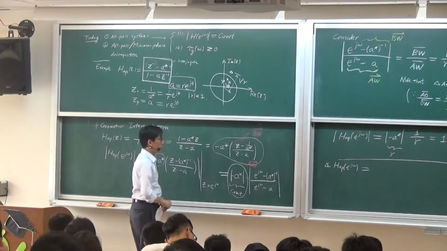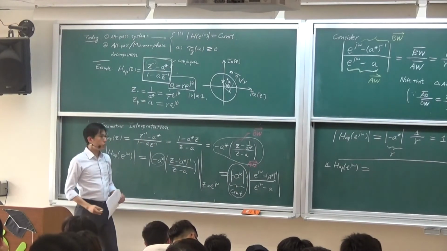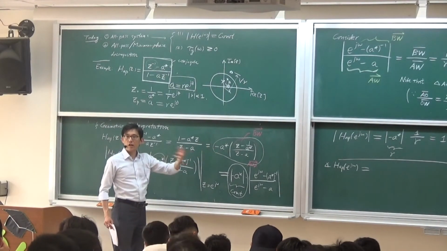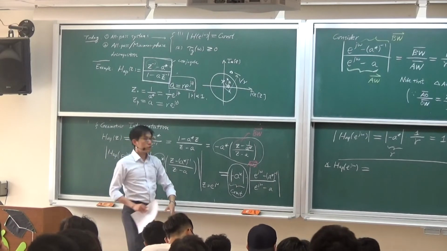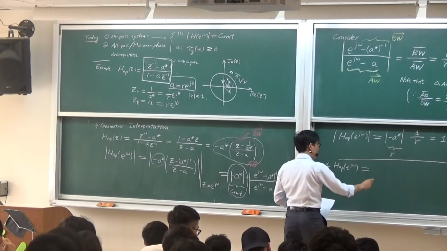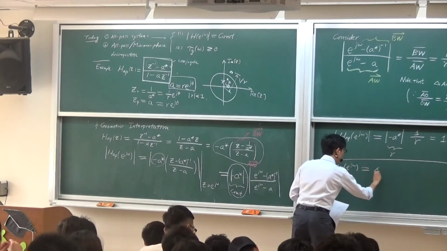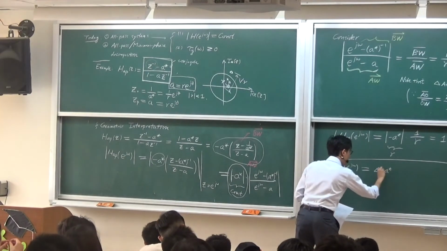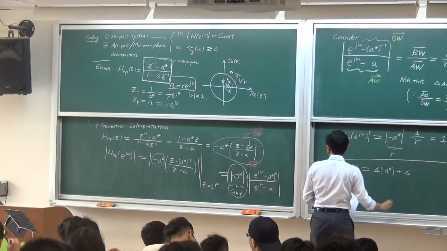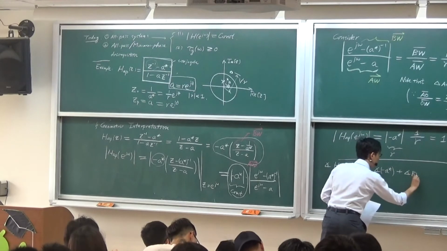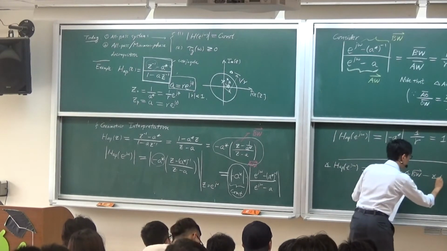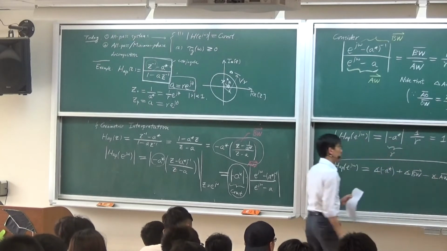And now we are considering the phase. And we know that for complex number multiplication and division, the phase is adding or subtracting. So now let me tidy up everything. The phase will have this part, the phase of this constant term, plus the phase of vector BW, minus the phase of vector AW.